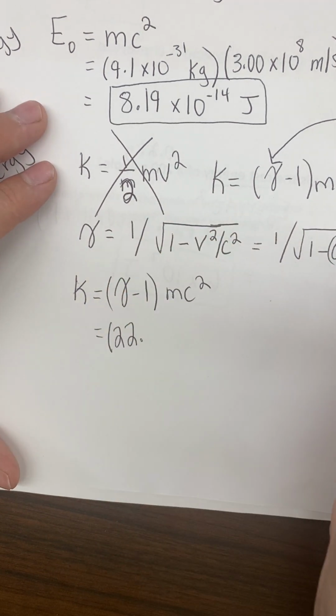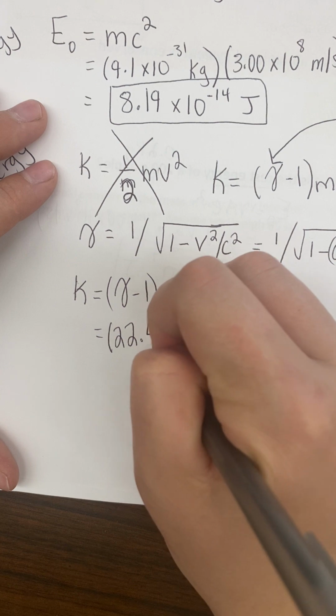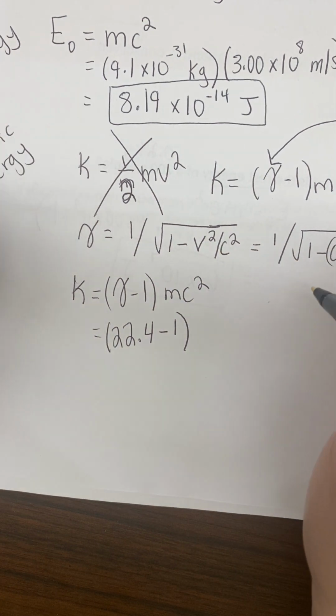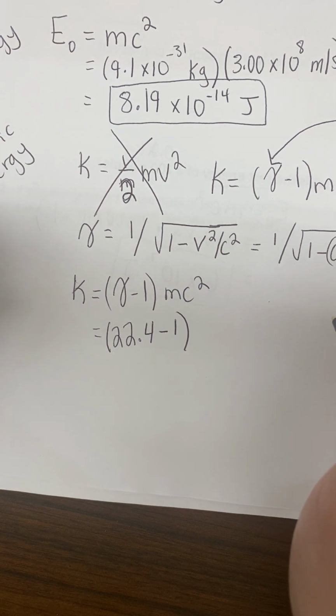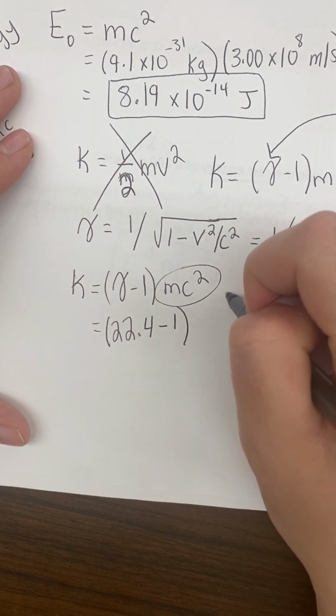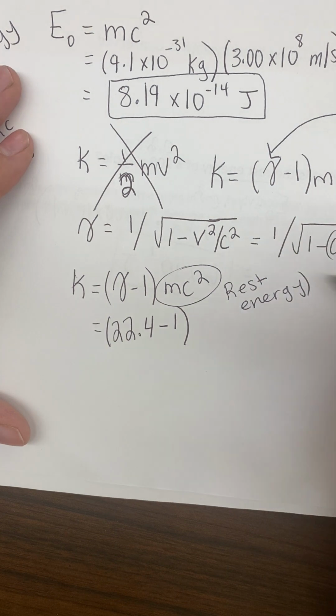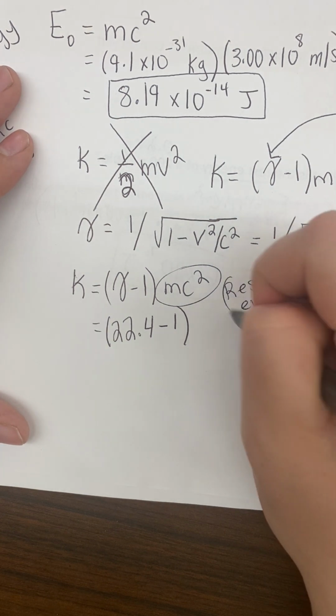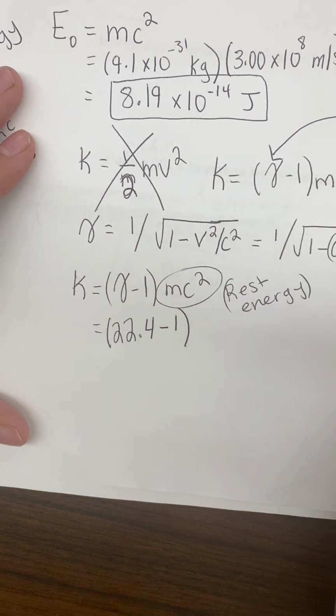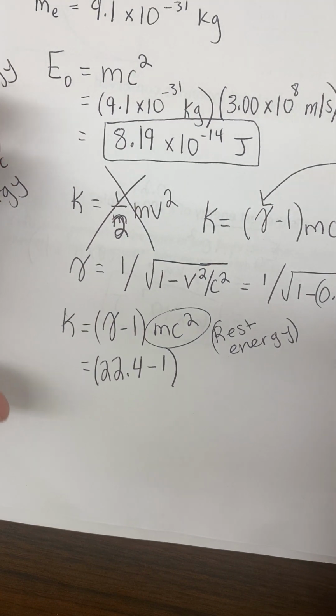There's no units attached to gamma. And then mc squared is the same as the rest energy. So we can just plug in what we found before for the rest energy because that's equal to mc squared.